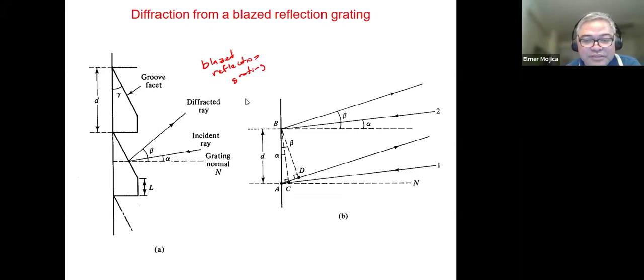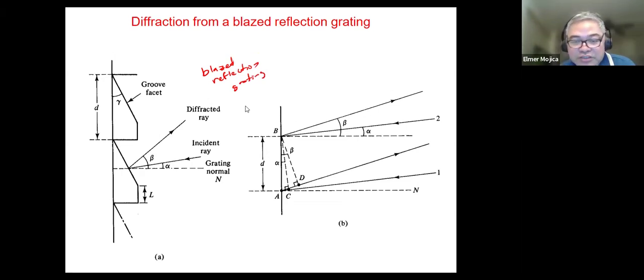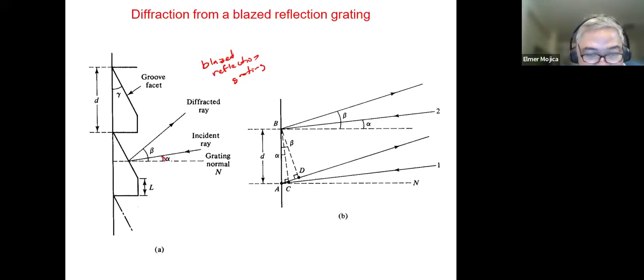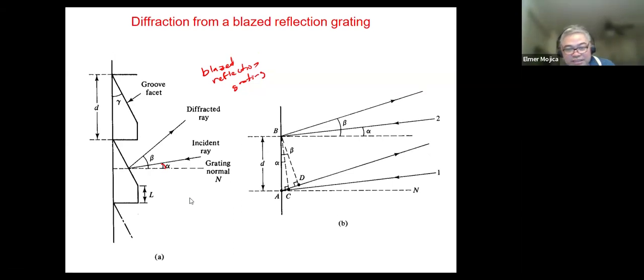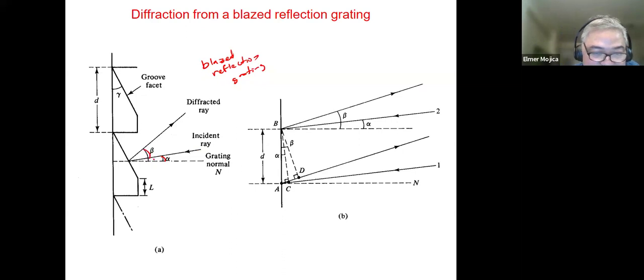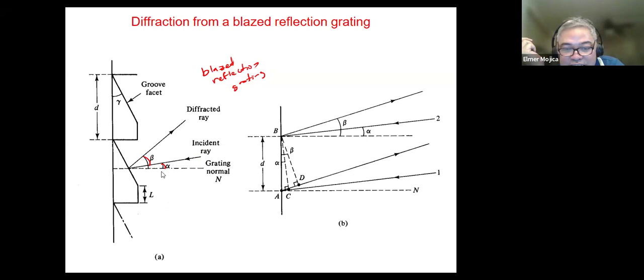So what happened? The incident light makes a certain angle with the grating normal, while the diffracted light also makes an angle equal to beta. The spacing between the adjacent grooves we could put as D.